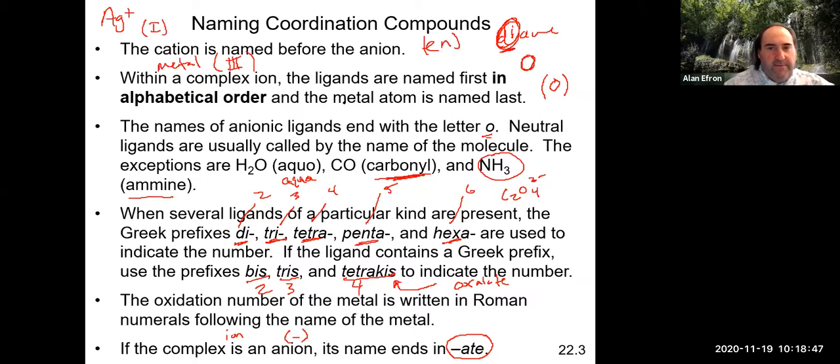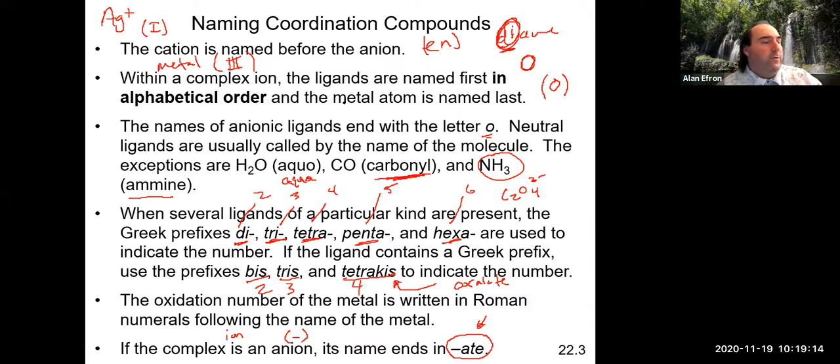So perhaps you remember when you learned about naming that things like iron are sometimes called ferric or ferrous, something like copper is cupric or cuprous. So we use these older ways of naming the metal, and we put ate at the end of it. So copper would be cuprate, iron would be ferrate.